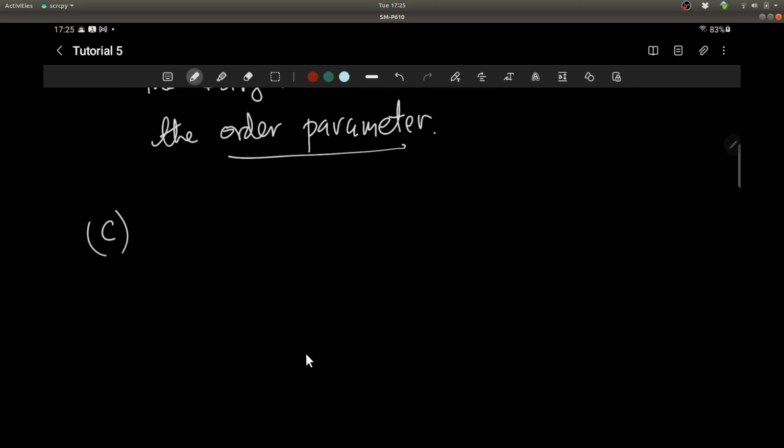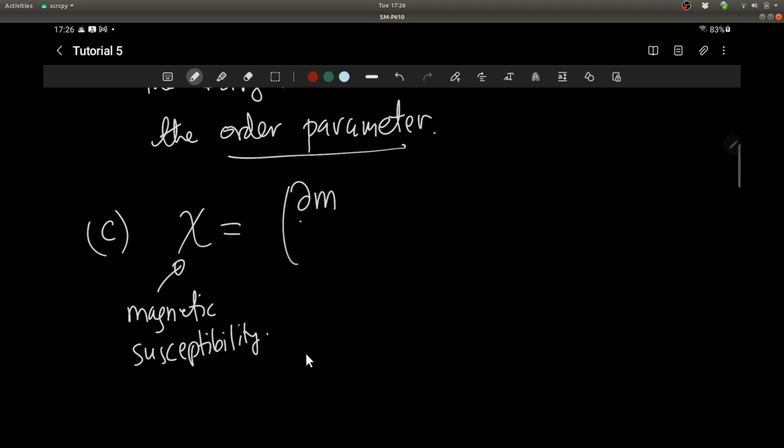Now, what is gamma? Recall that you have chi, which is the magnetic susceptibility, and that is defined by dm by dh.